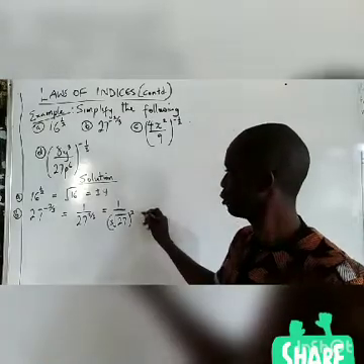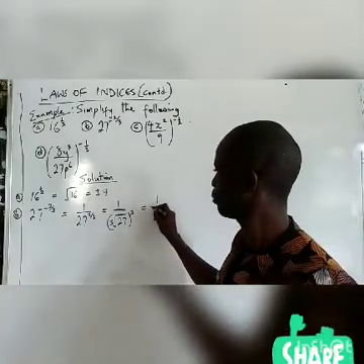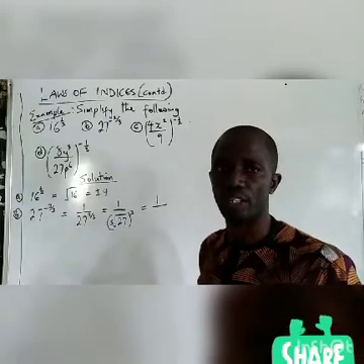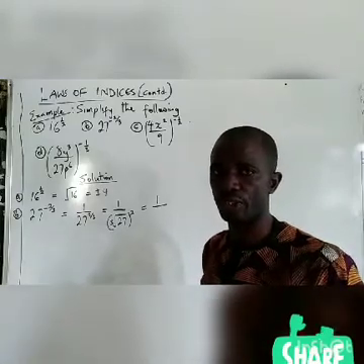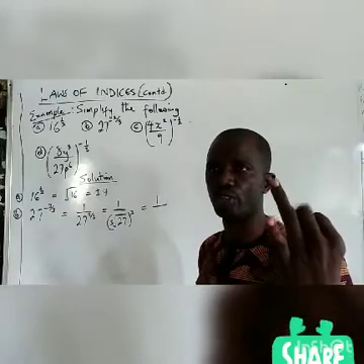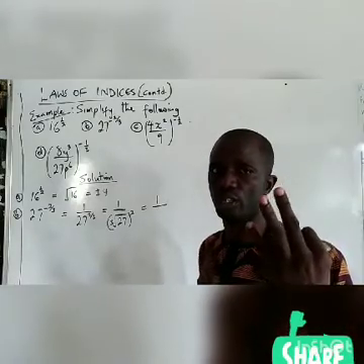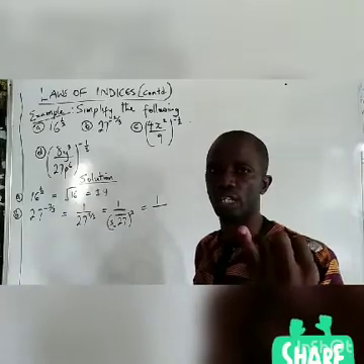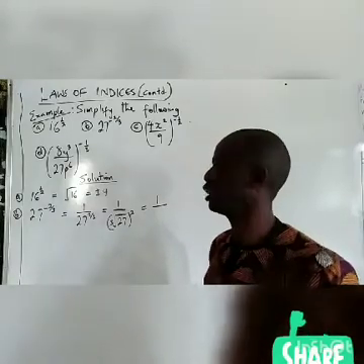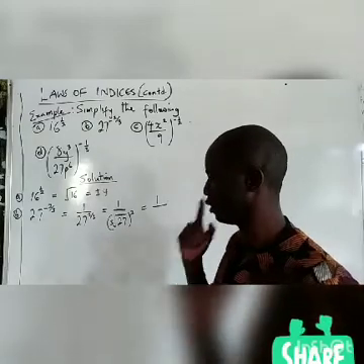The cube root of 27 means what number can we multiply 3 times that will give us 27? If we try 2 times 2, 4, times 2, 8, it's not giving us 27. But if we try 3 times 3, 9, 9 times 3, 27. So our cube root of 27 is 3.